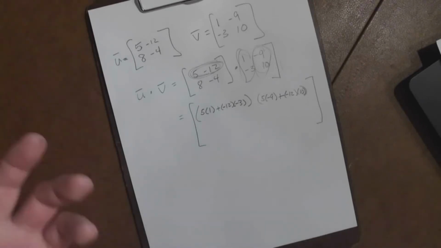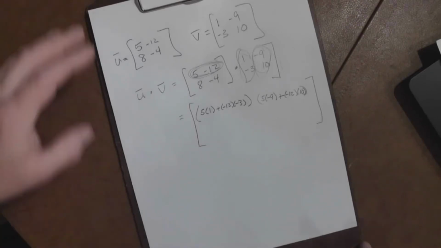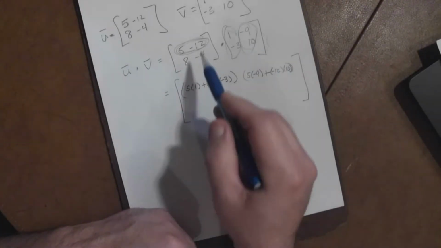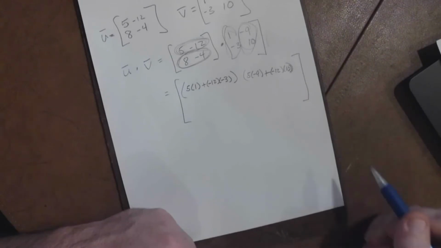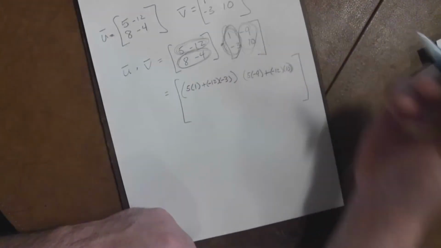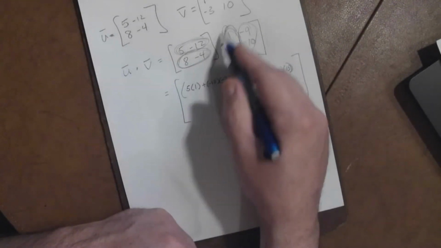Now, certainly mentally I could probably do some of these calculations in my head, but just to begin with in this first example, I am going to write them out for you. Now, in the second row, that is going to be the second row of your first matrix times the first column of your second matrix, in a row-column multiplication.